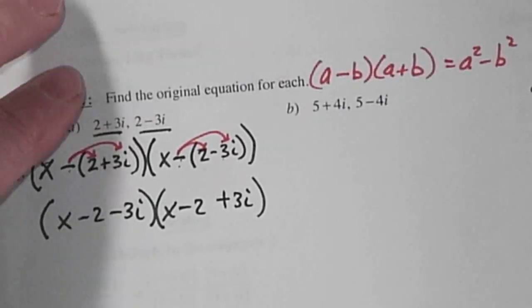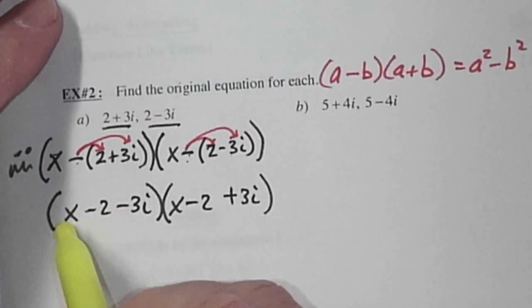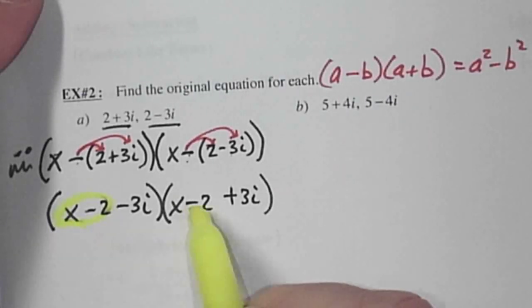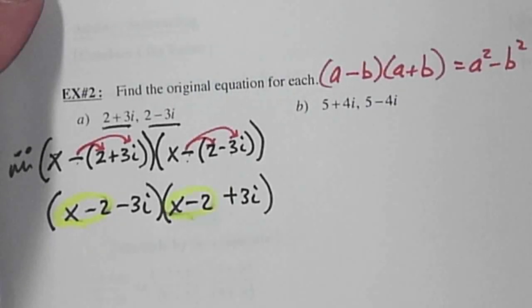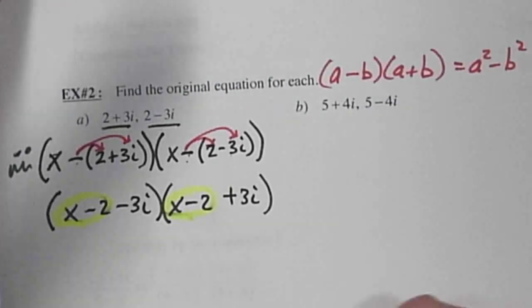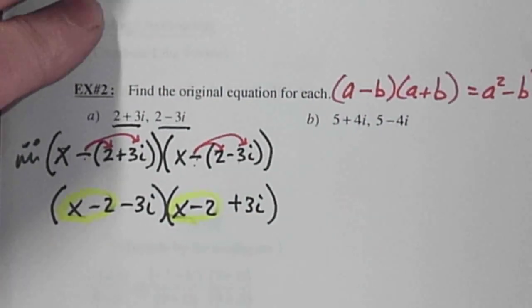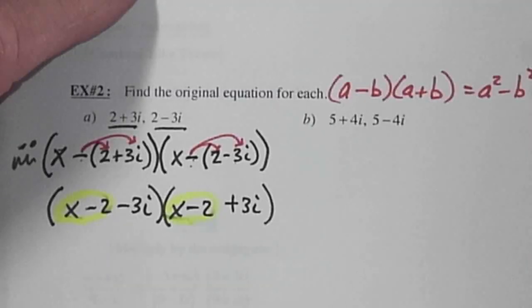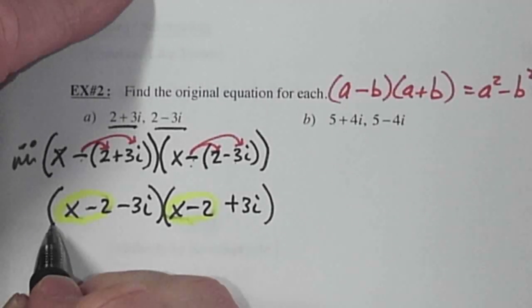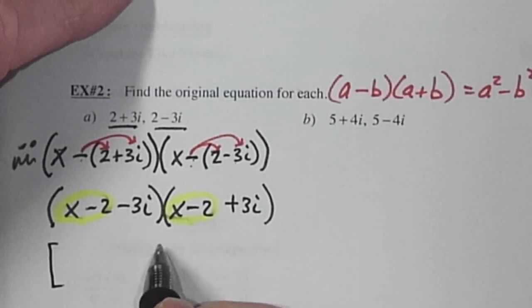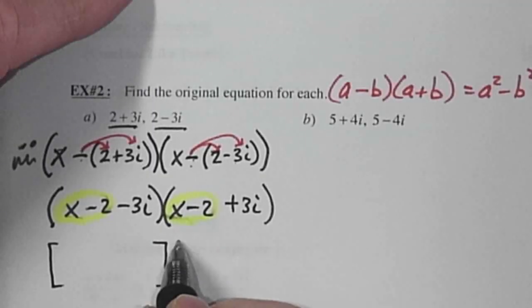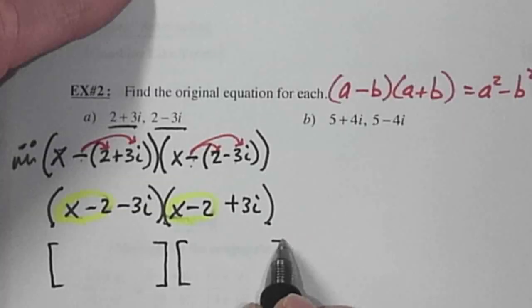We're going to clump these up. We're going to clump the x minus 2 together. Make that its own thing. Okay? So it now looks like this. Now I'm going to change this bracket into square brackets because it will look better.